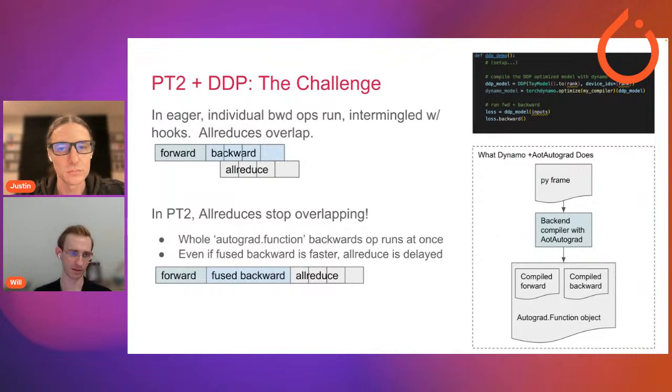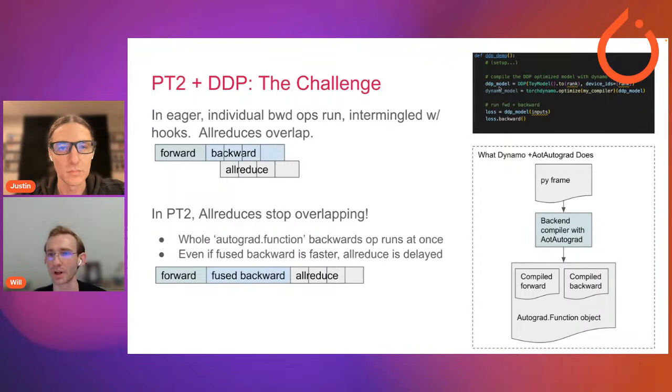So we end up making the backward compute and the forward compute faster, but not allowing overlap for the communication anymore, which in some cases could still be faster, but could also be slower, and definitely is parasitic to the advantage of compiled PyTorch. So we really want to bring back this overlap of these all reduce operations.